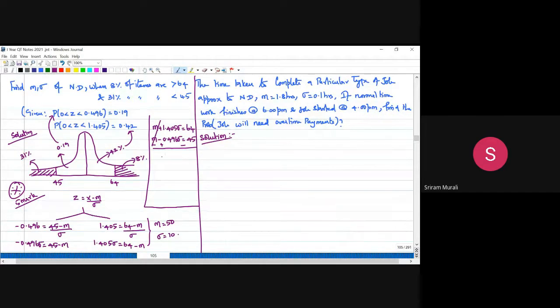What is sigma? If you simplify, you should get 10. If I take any one of the equations, you will get m as 50.